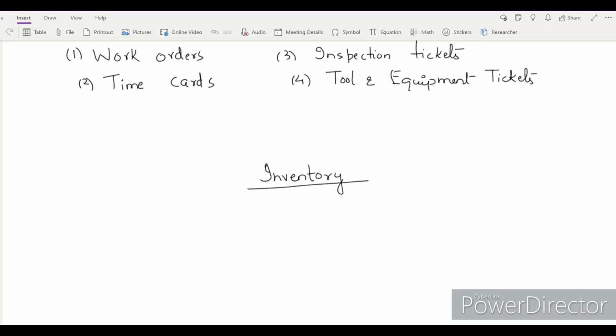You need some place to put your inventory items, isn't it? So it kills your space, and if you don't have space, you have to take rent for a room. So it will add to your cost, and if you're spending money, ultimately your product will be costlier. So in this chapter you will learn how to control the inventory.